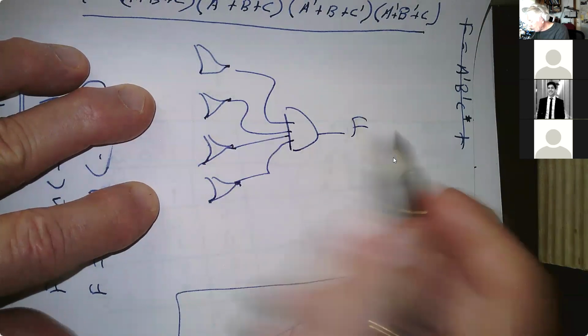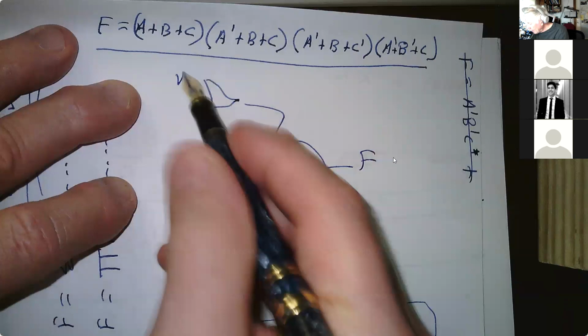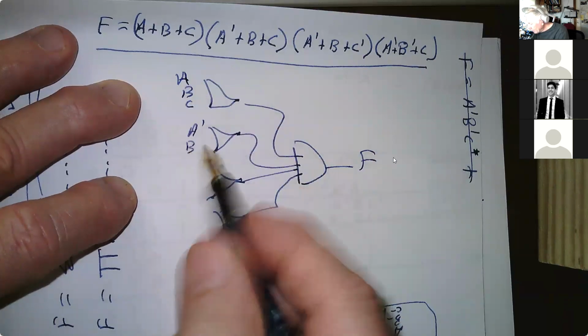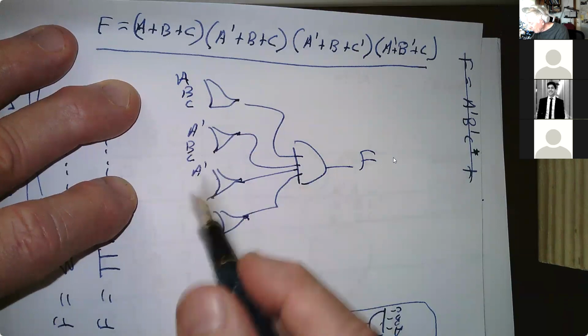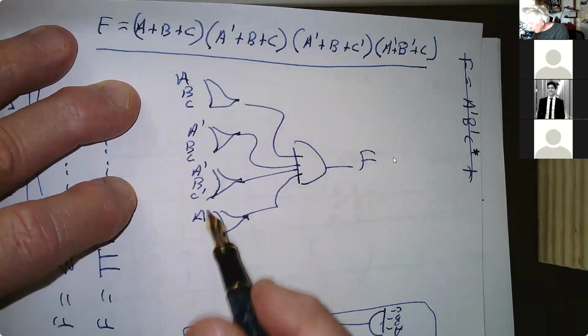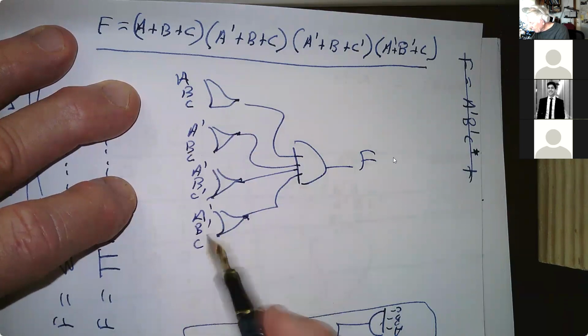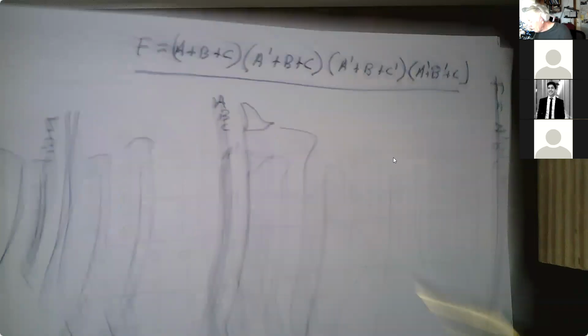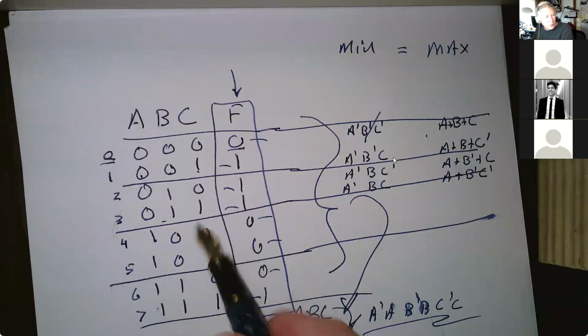So our F comes out here, and we put A, B, C in here. We put A prime, B, C in there. We put A prime, B, C prime here, and we put A prime, B prime, C in there. So that's the 2 different ways that this truth table can be implemented.